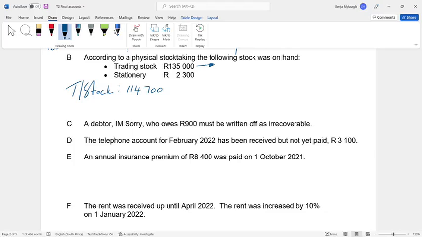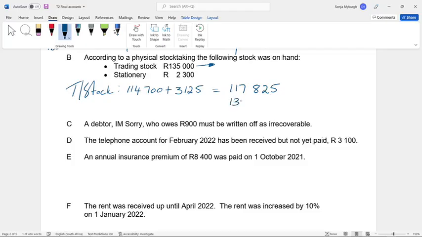Adjustment number A said we haven't made any entry for that stock that was returned. Therefore, our amount for trading stock in our books will be 117,825.